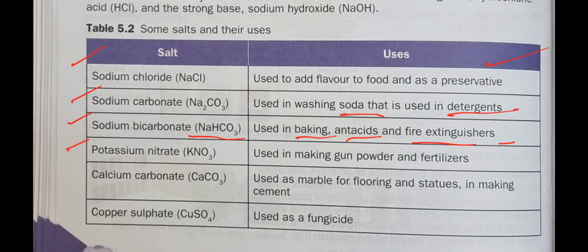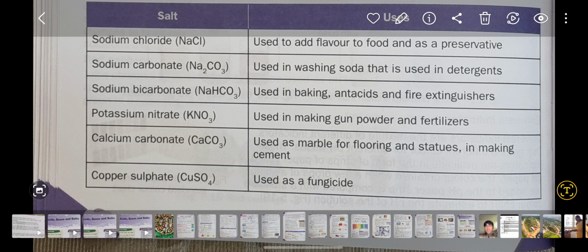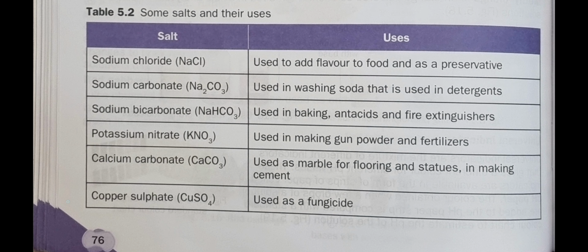Potassium nitrate KNO3 is used in making gunpowder and fertilizer. Calcium carbonate CaCO3 is used as marble for flooring and statues and in making cement. And copper sulfate CuSO4 is used as a fungicide.